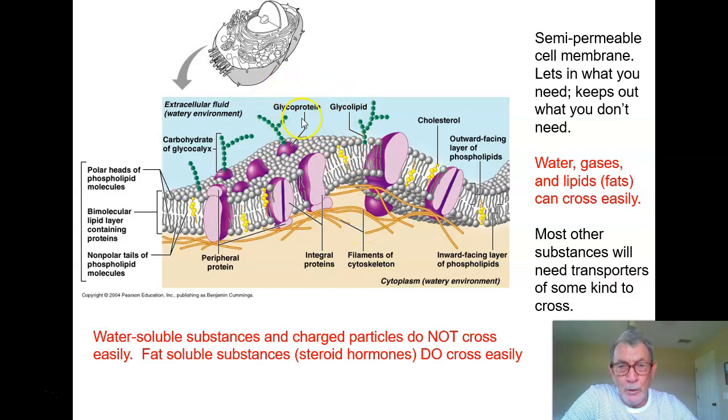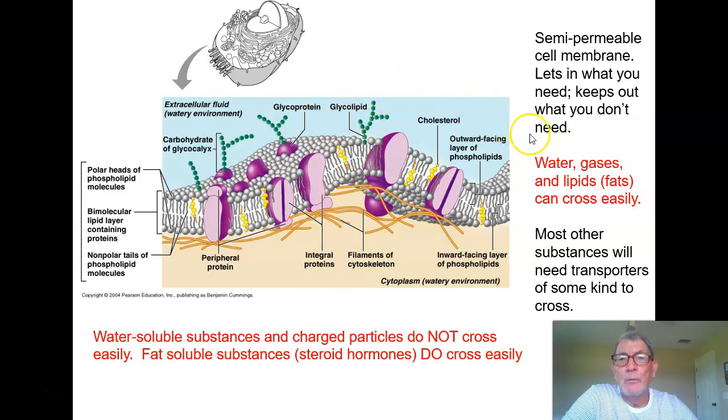So you've got water on the outside because your body fluids are water. You have water on the inside because the inside of the cell is filled with water-soluble stuff. But the lipid bilayer here prevents this stuff from getting into here unless you open a little channel and let it go. So this phospholipid bilayer allows only the things to pass that you want to pass.